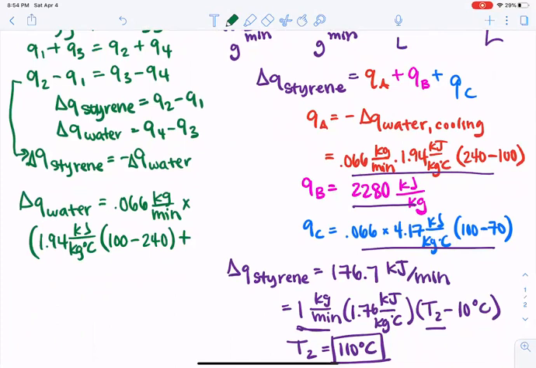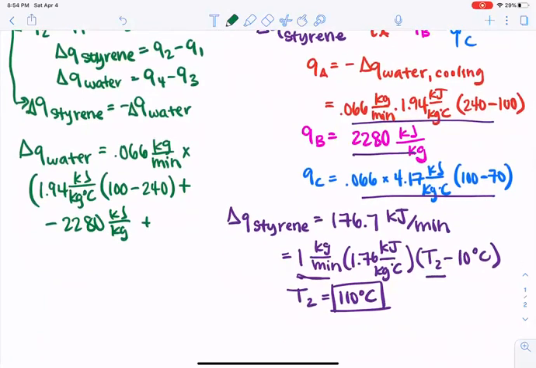Then it needs to condense, which means it's losing energy. The heat of condensation is negative 2280 kilojoules per kilogram. And then it needs to cool again as a liquid, so 4.17 kilojoules per kilogram degrees C times the final temperature, 70, minus the initial temperature, 100.